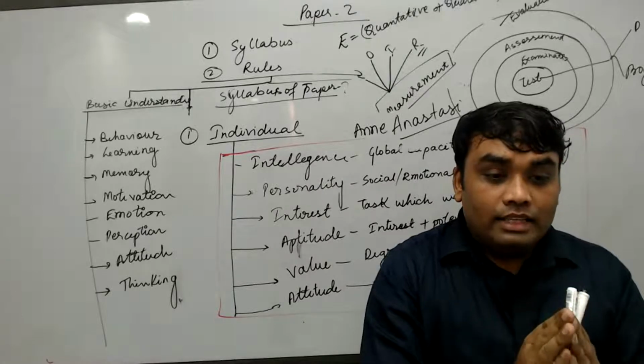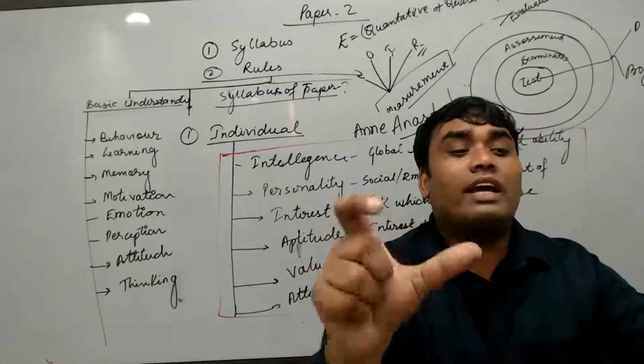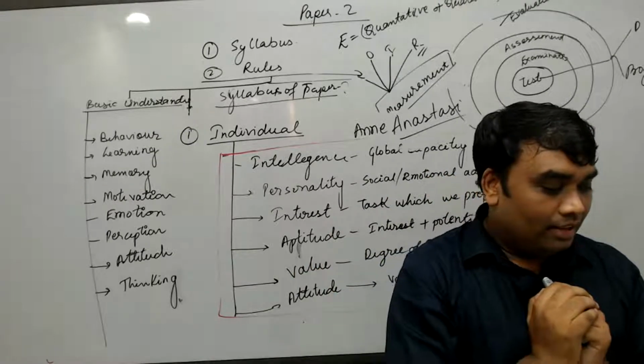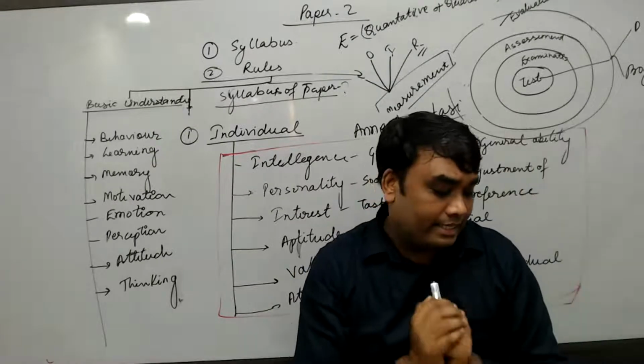Right. Next paragraph: this branch of psychology is called psychometrics.